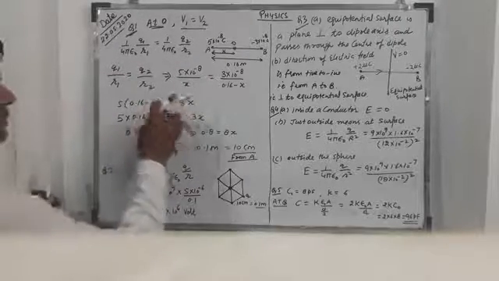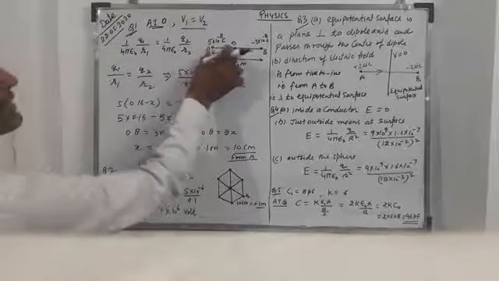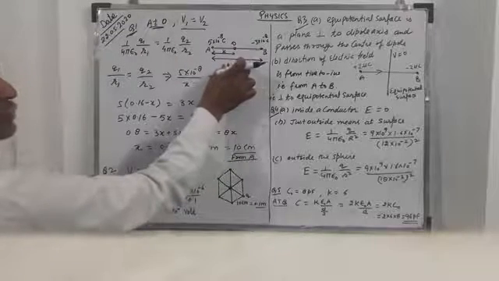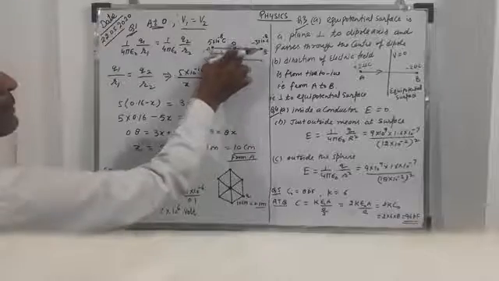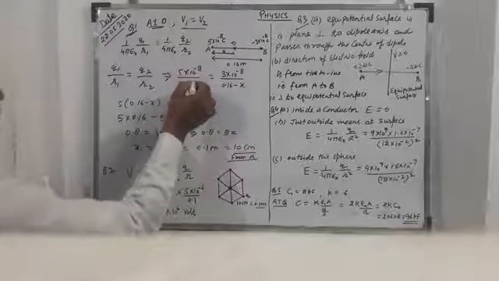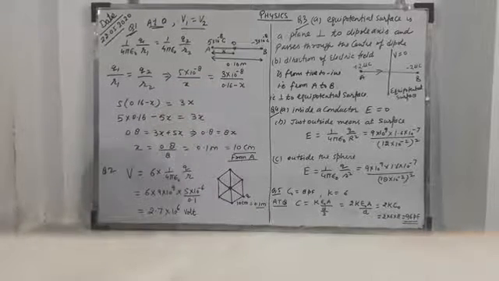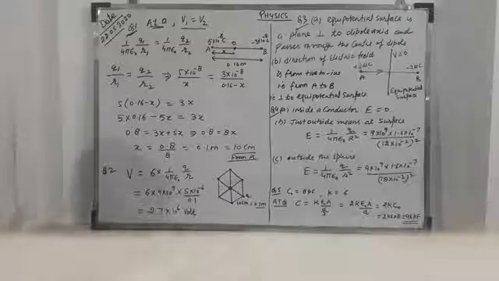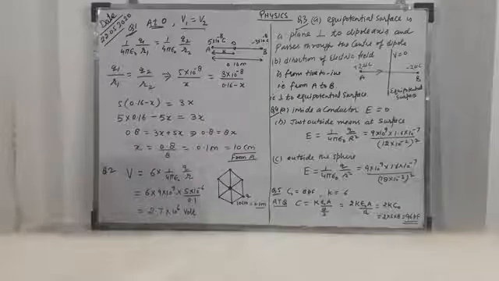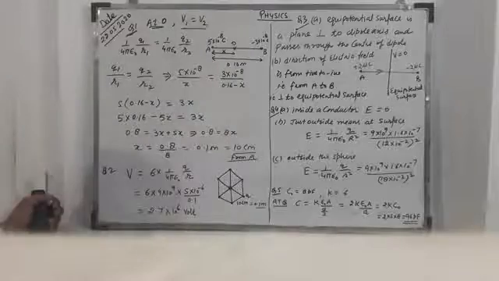By putting the values, for R1 the distance is x, and for R2 the distance is 0.16 minus x. So 5 into 10 to the power minus 8 upon x is equal to 3 into 10 to the power minus 8 upon 0.16 minus x. Then 10 to the power minus 8 cancels out.